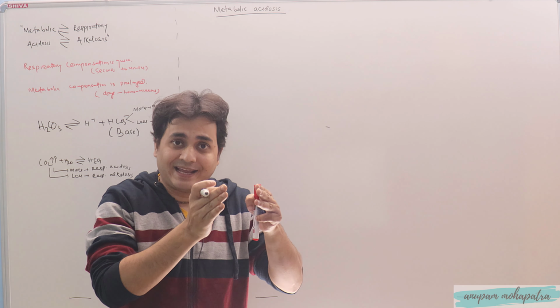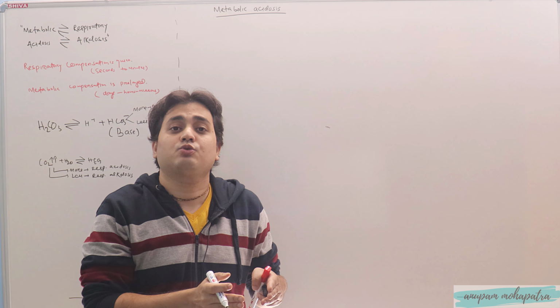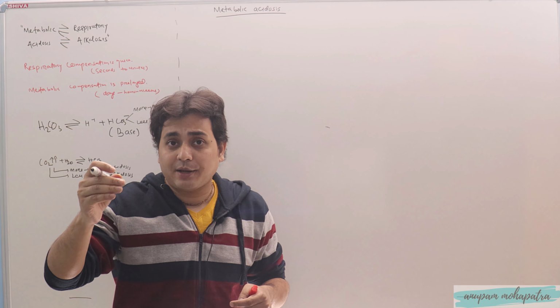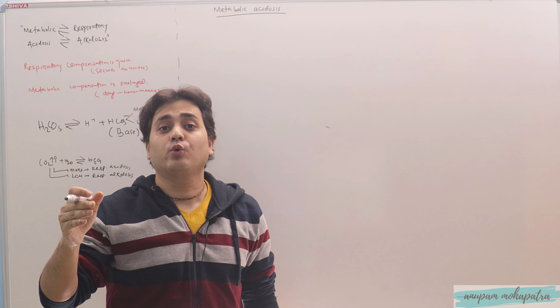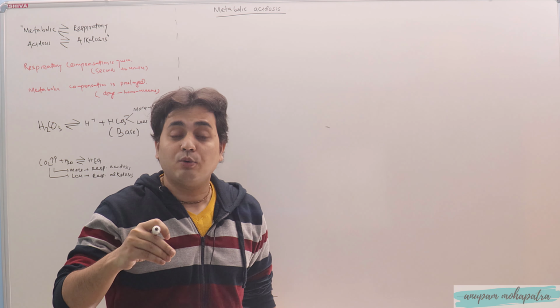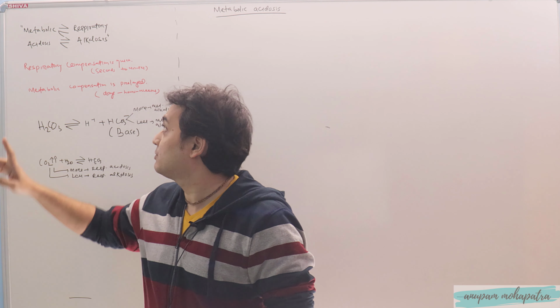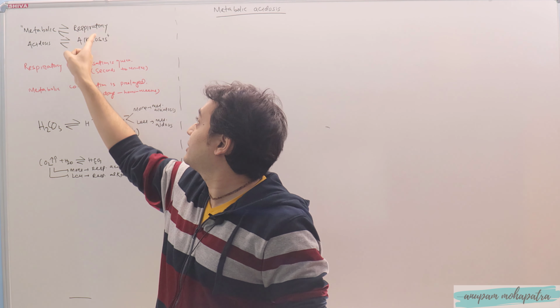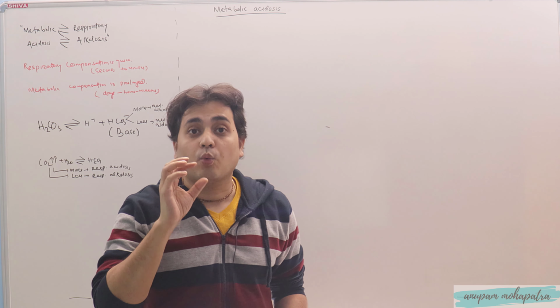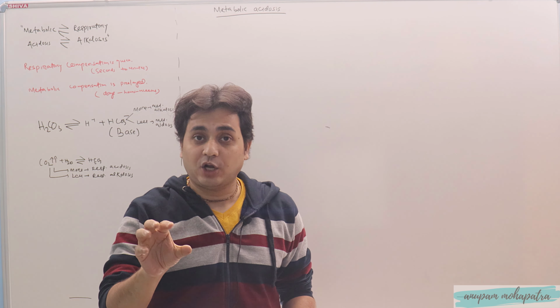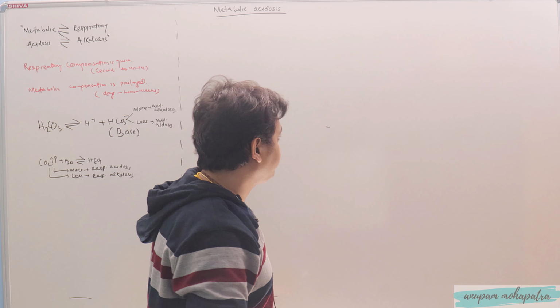Then what are the differential diagnoses of high anion gap metabolic acidosis we have discussed, and if it is a normal anion gap, what to do next, that also we have discussed. Now we'll see, if it is a metabolic acidosis, then there has to be some compensation by respiratory alkalosis, and whether that compensation is adequate or not, that we will discuss.